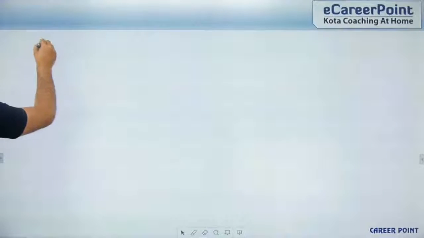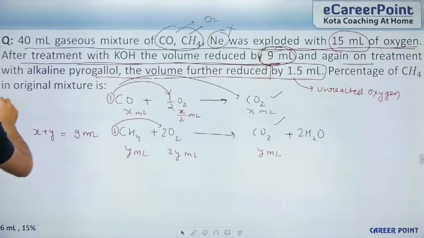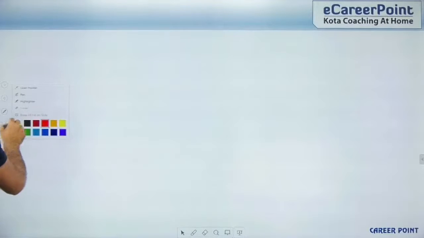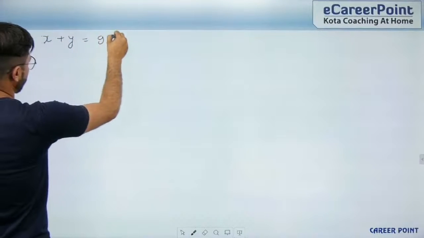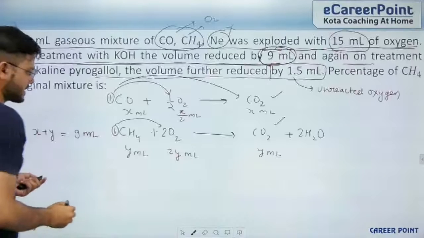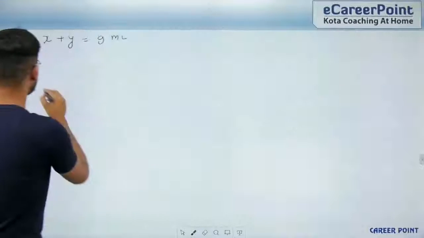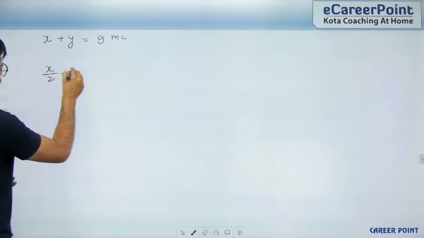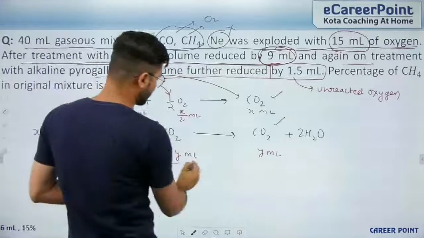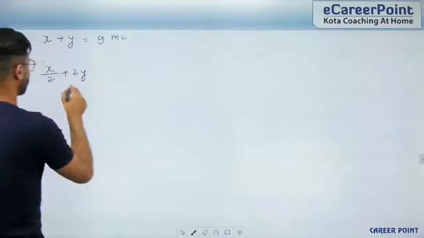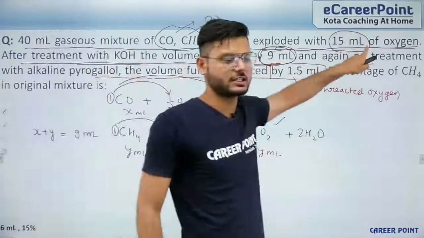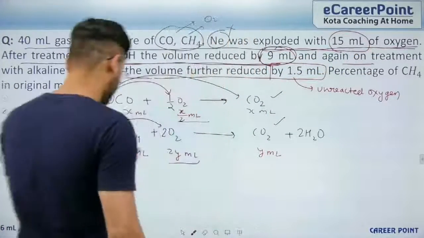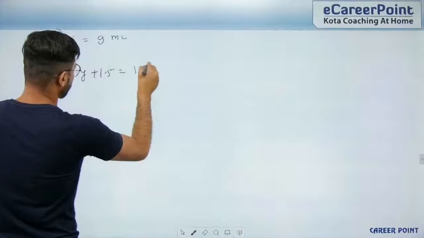Now see, one equation we have: X plus Y equal to 9 ml. Another equation is total oxygen is X by 2 plus 2Y, and unreacted oxygen is 1.5. And it is given that initially the total oxygen was 15 ml. So I can write this equation 15 ml.